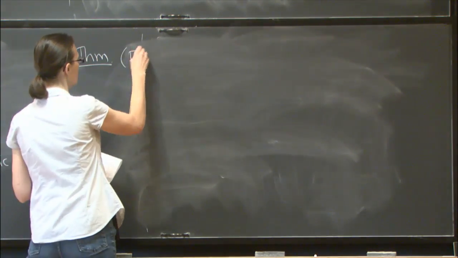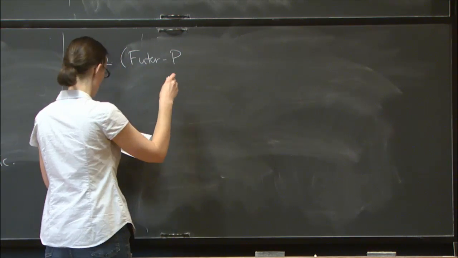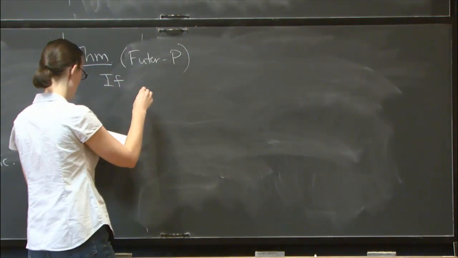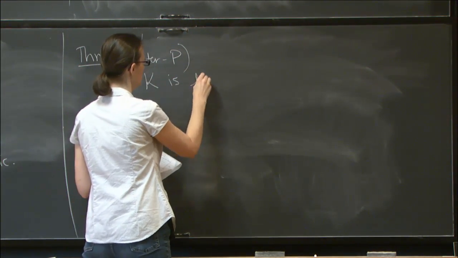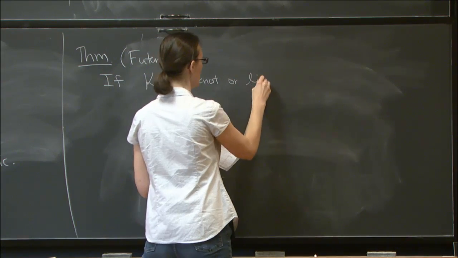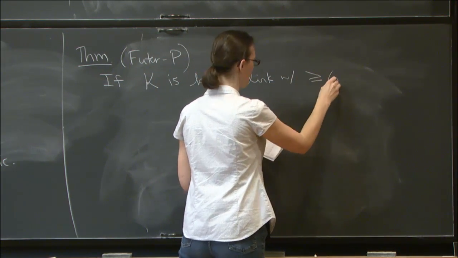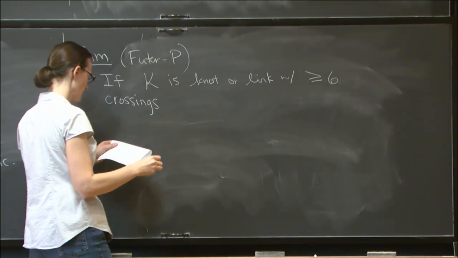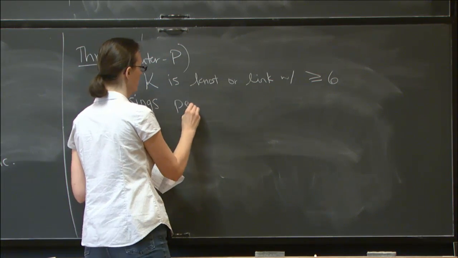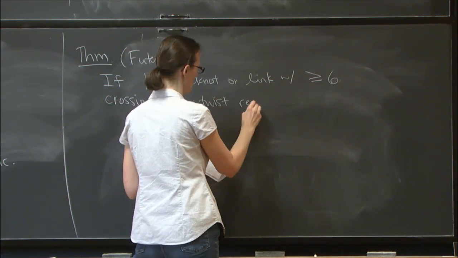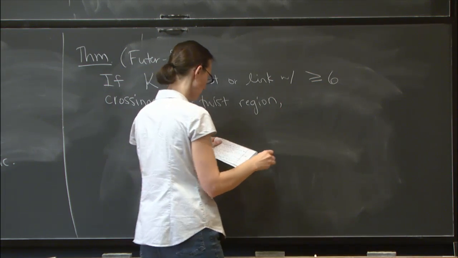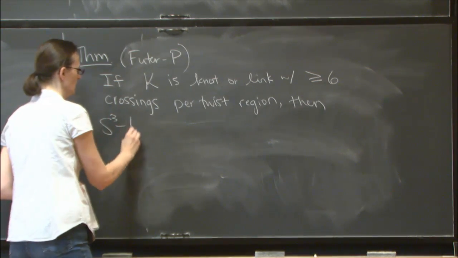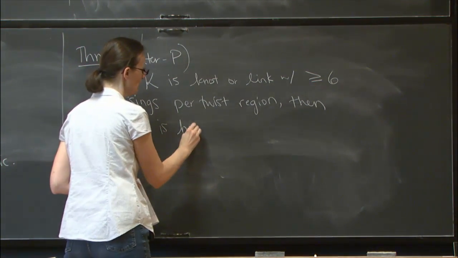This leads to a theorem by Dave Futer and me, which says that if you have a link with at least 6 crossings per twist region, then your knot complement is going to be hyperbolic.